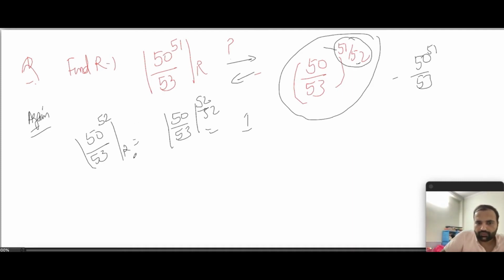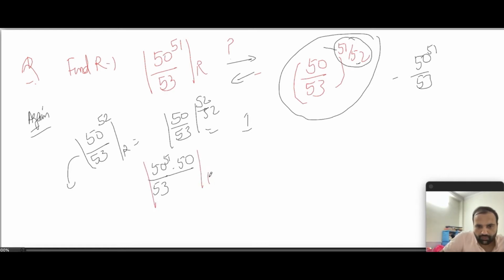So can we write this term over here as 50 by 53 to the power 51 into 50? Look carefully. Over here 50 has the power 52, and over here it is the same thing.